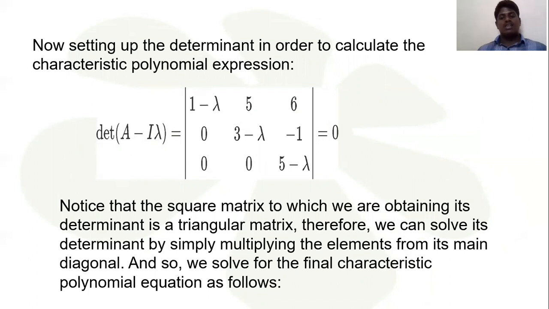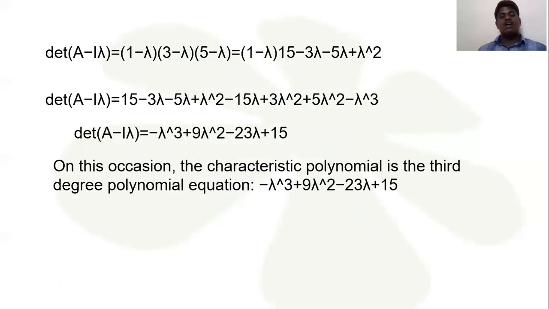By multiplying the main diagonal elements, we finally got the third degree polynomial equation, minus lambda cube plus 9 lambda square minus 23 lambda plus 15.